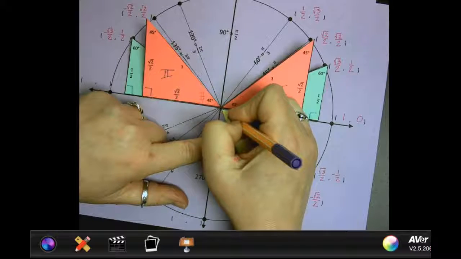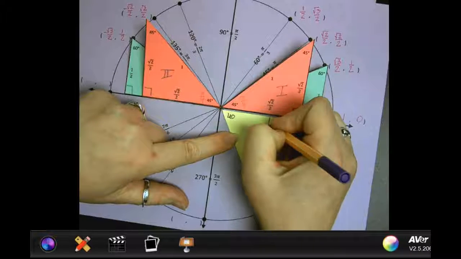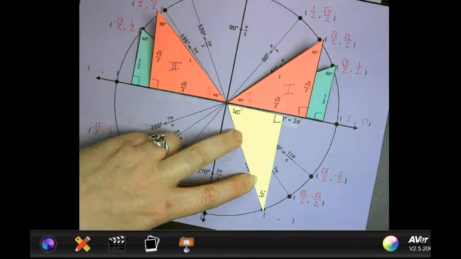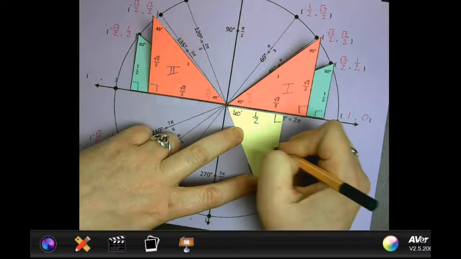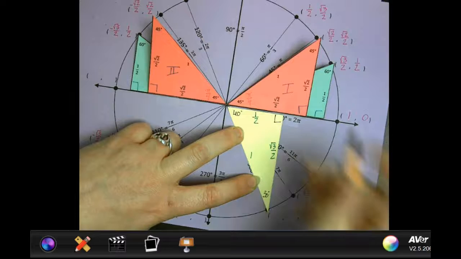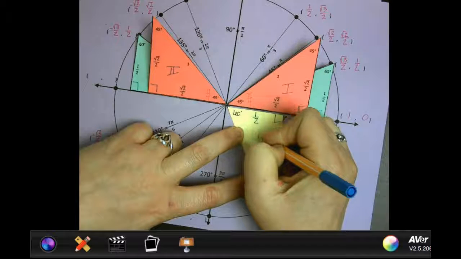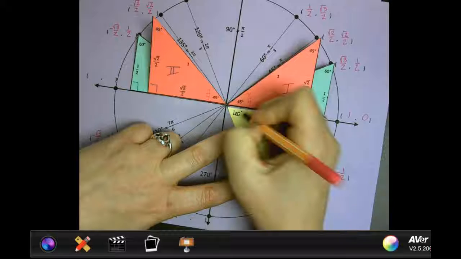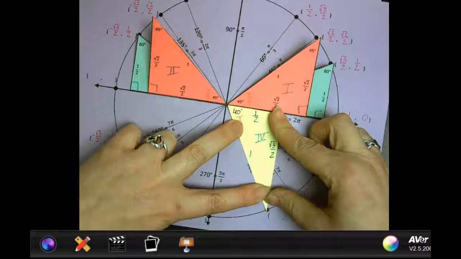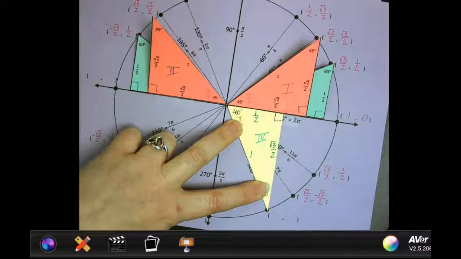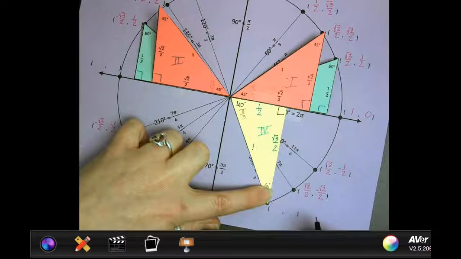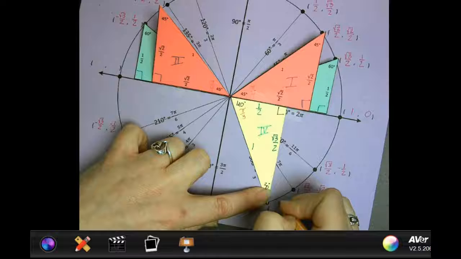Relabeled here. Now, this is pi thirds. X value is a positive 1/2.